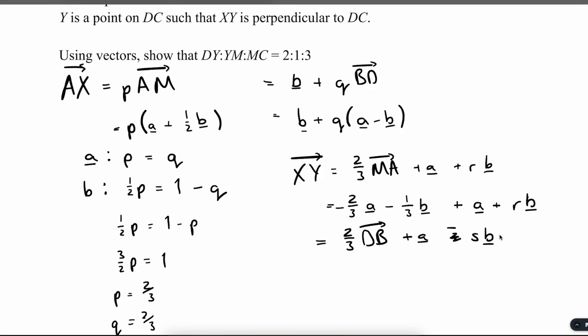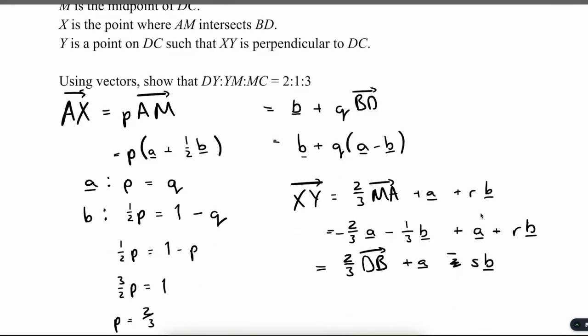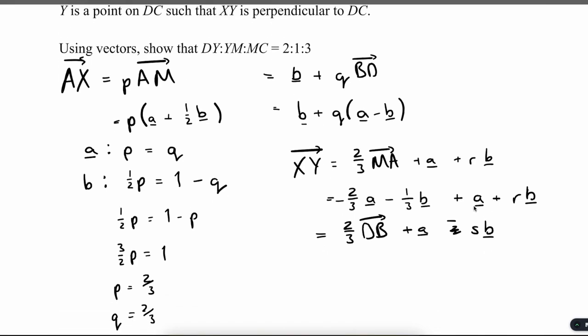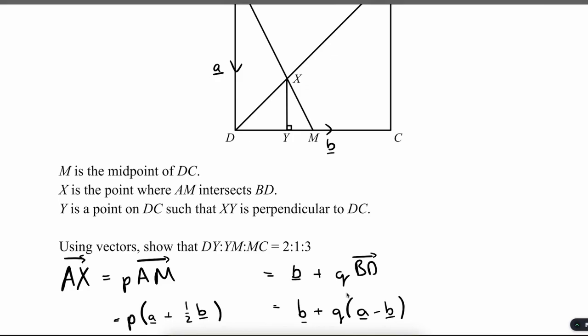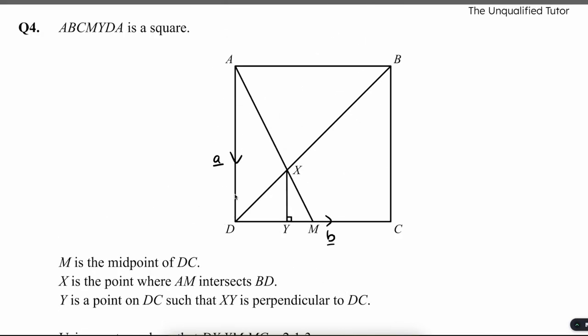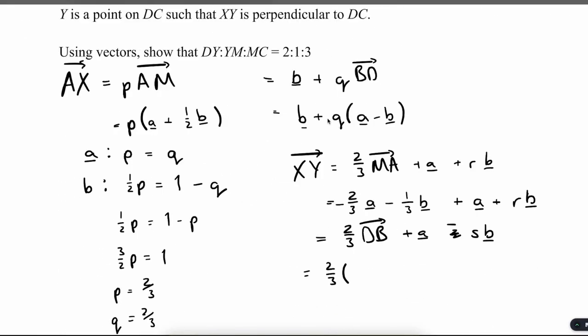Okay, honestly, absolutely horrifying is this, but eventually you do get to an answer. So DB is, what is DB? DB is minus a plus b, so it's 2/3 b minus 2/3 a plus a, so that's going to be plus 1/3 a, plus 1/3 a minus sb.